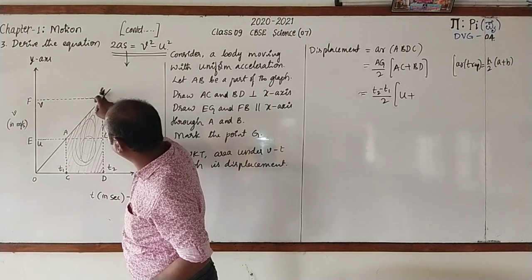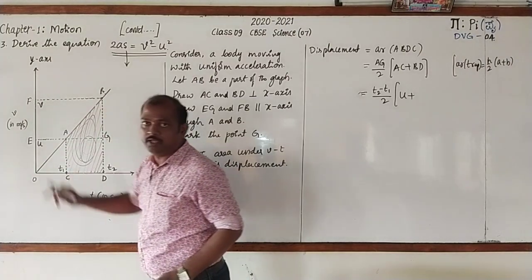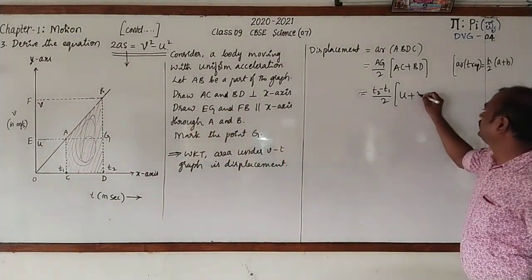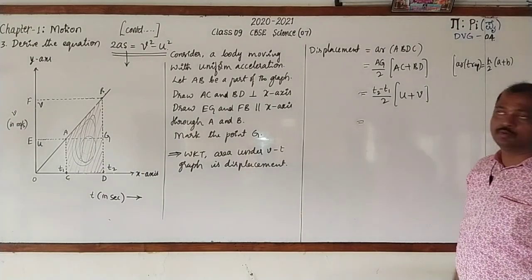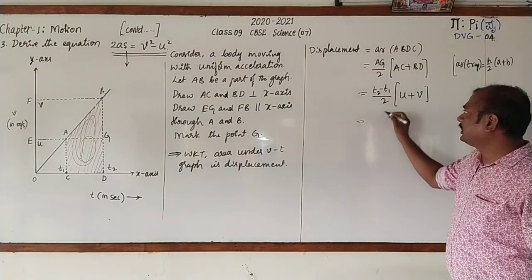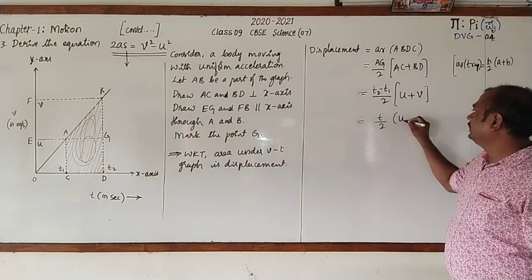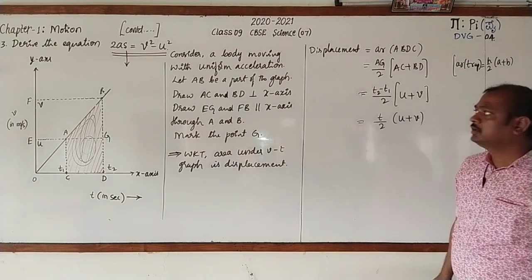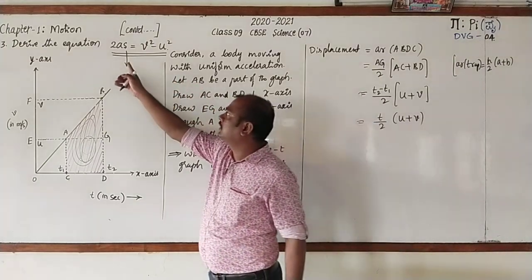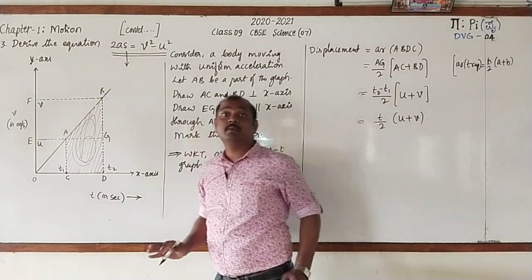BD from here to here it is V. Right, U plus V. T2 minus T1 can be written as just T, so T by 2 into U plus V. Observe here we need 2as equal to v square minus u square.